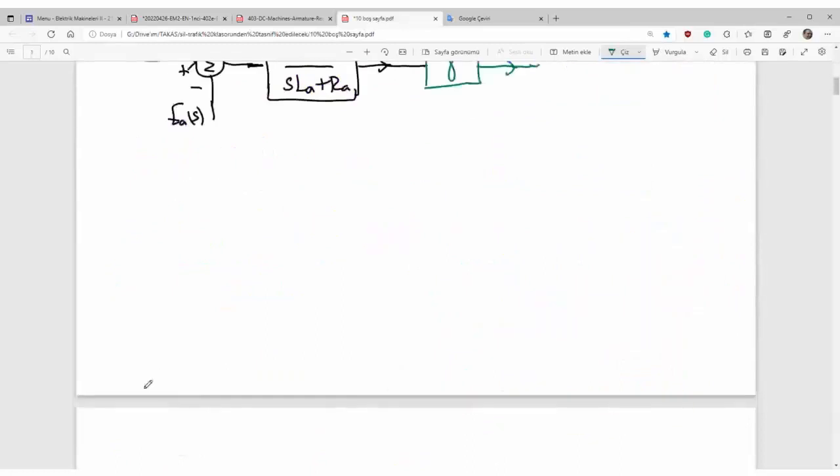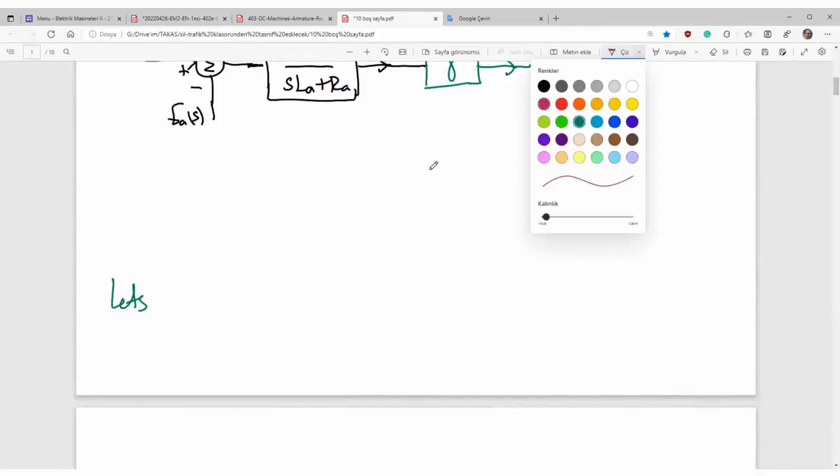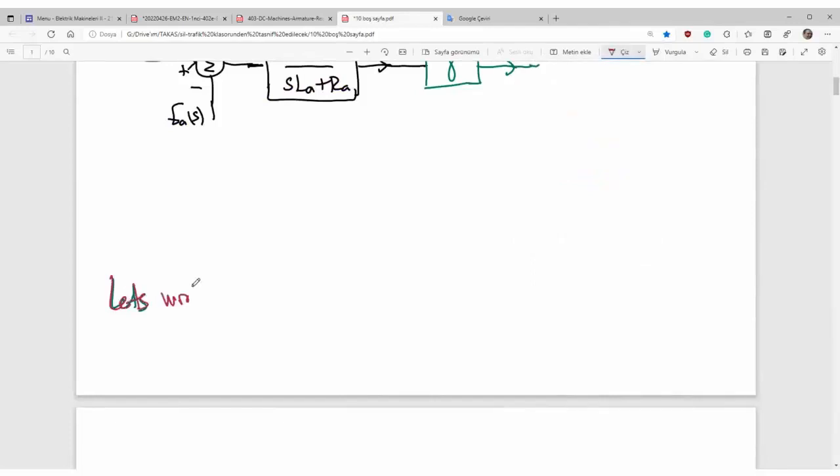Let me write the mechanical part equation. Applied torque, which is induced torque, minus braking torque, which is load torque right now. Remember, it was braking torque.